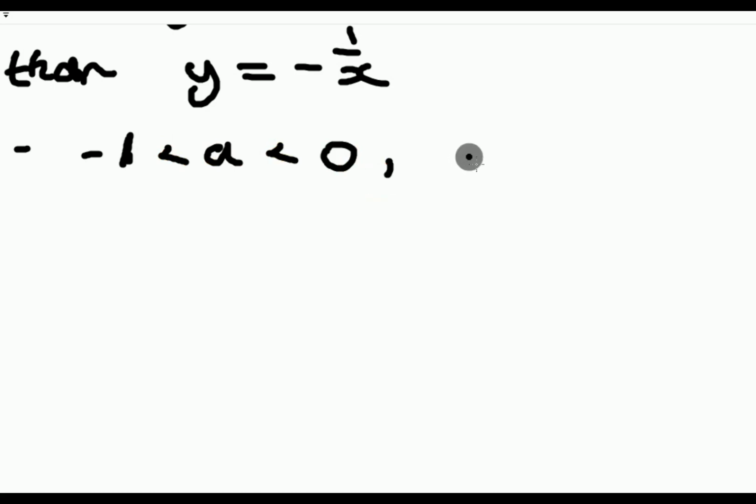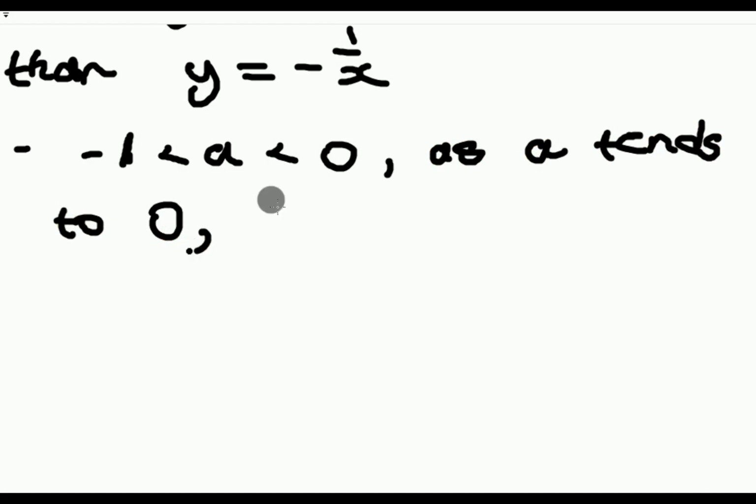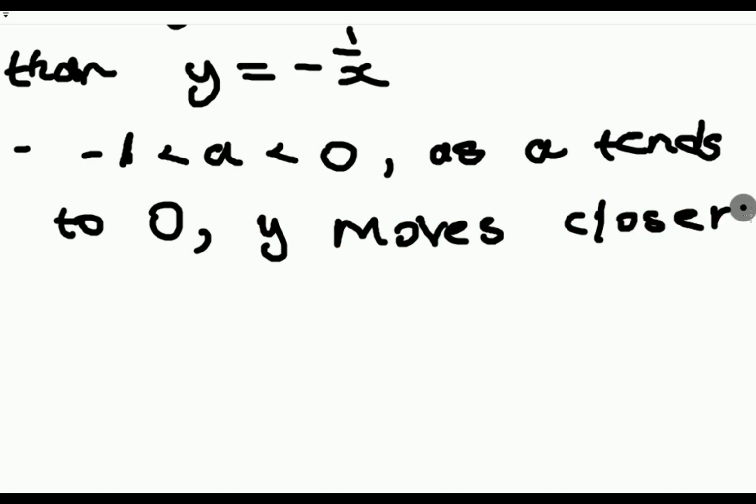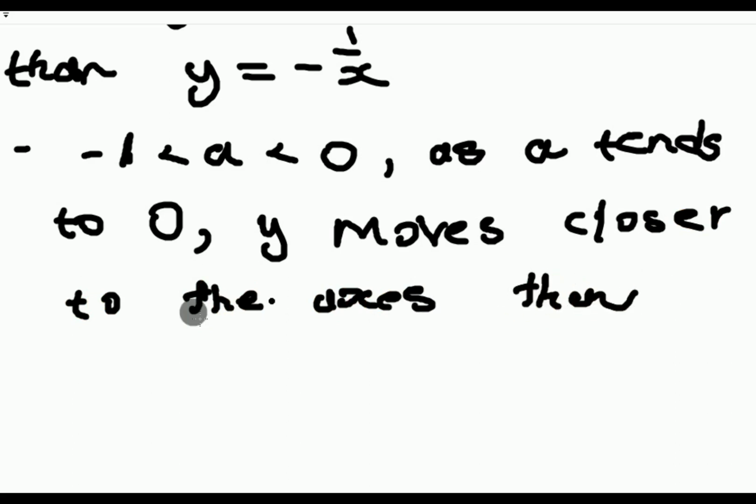Then we see that as a tends to 0, y moves closer to the axis than y is equal to minus 1 over x.